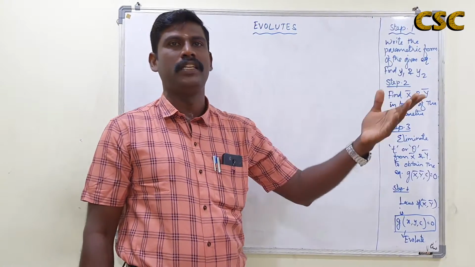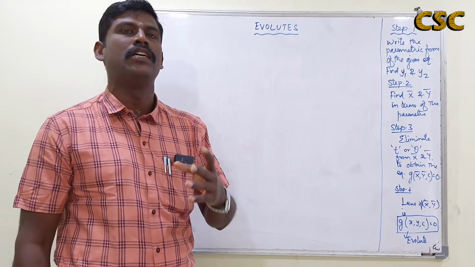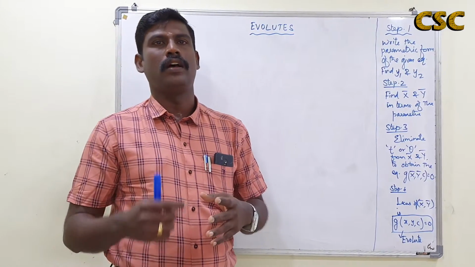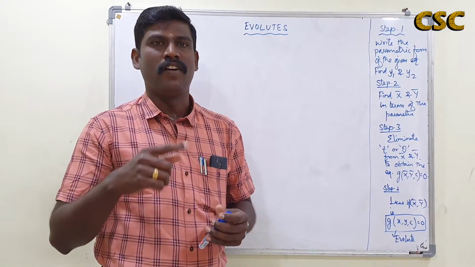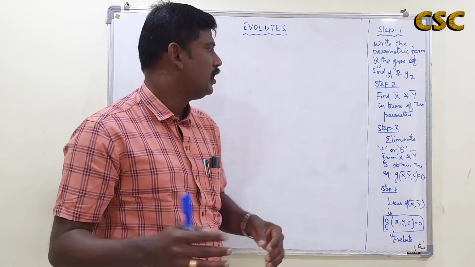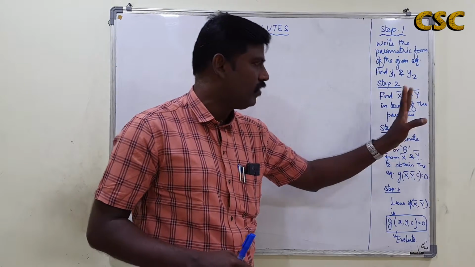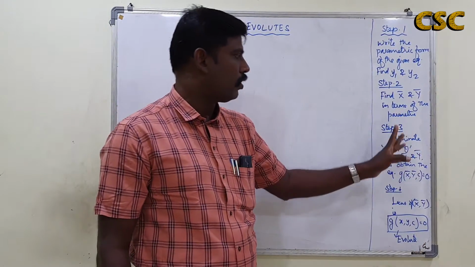Suppose the given parameter is theta, then x bar and y bar are in terms of theta. Suppose the given parameter is t, then x bar and y bar are in terms of t. So find x bar and y bar in terms of the given parameter.